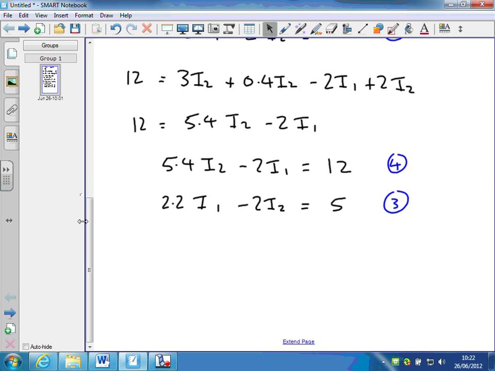What we need to do now is make I2 or I1 the same and solve by elimination, or rearrange equation 3 or equation 4 to read I1 equals something or I2 equals something and then substitute in. I suggest the easiest thing to do is to multiply through by something to make them the same. I'll pause it here and then you can have a go yourself. The solution will follow.